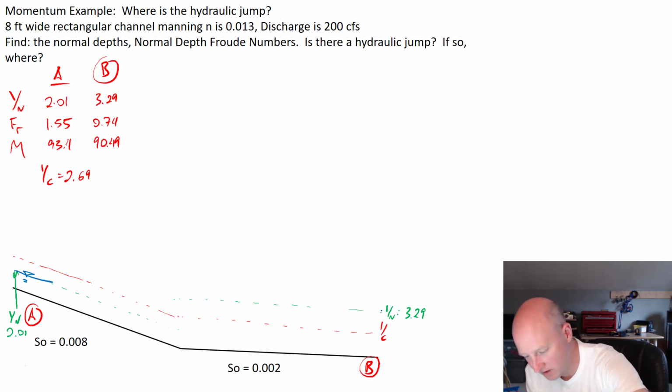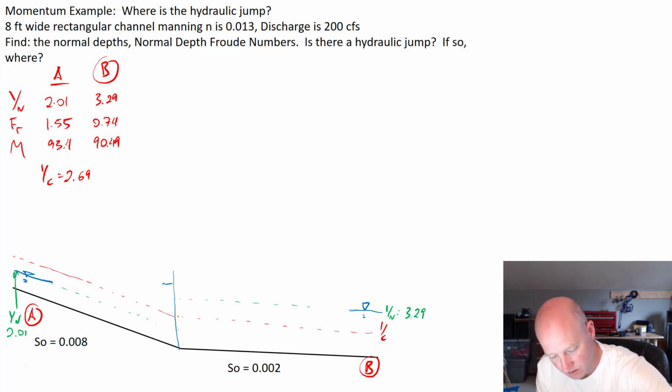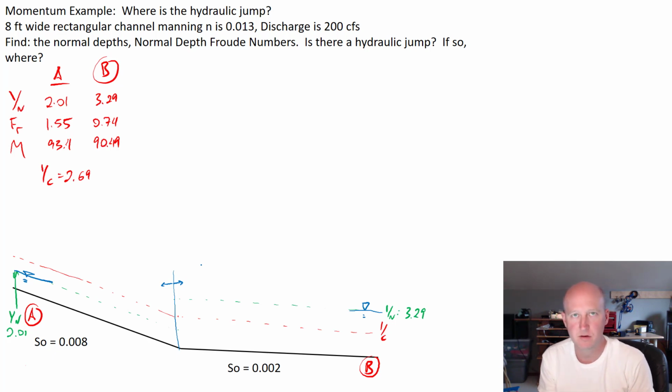And if we go far enough downstream, we'll have uniform depth. But the interesting question is what's going on between them two. And we know that there has to be a hydraulic jump because the upstream controls and downstream controls conflict at the hydraulic jump. So the way to figure out if this jump is upstream or downstream of the change in slope is to compare the specific forces if the jump were to happen right at the change in slope.